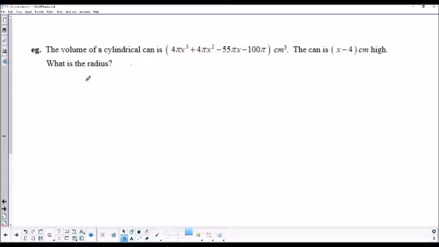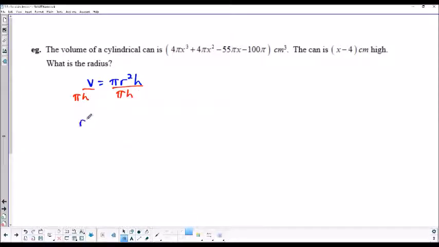Well, first of all, we have to realize that the volume of a cylinder is pi r squared h. We need to know the radius. We have the height. We have the volume. Pi is a constant, so we can sort of figure this out. So I'm going to divide both sides by pi h to isolate the radius.